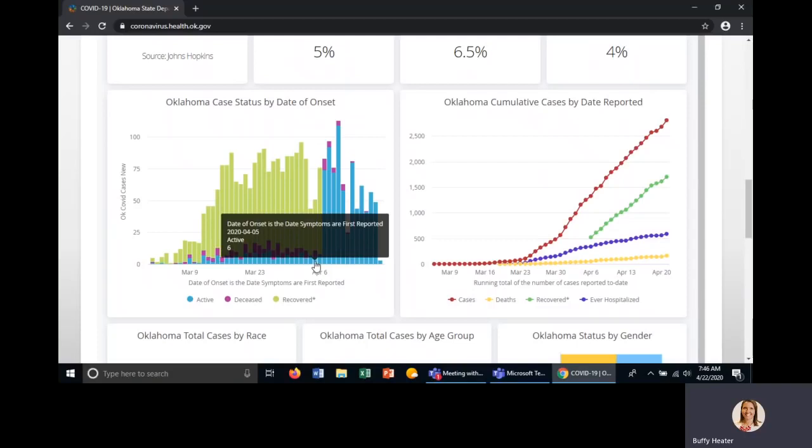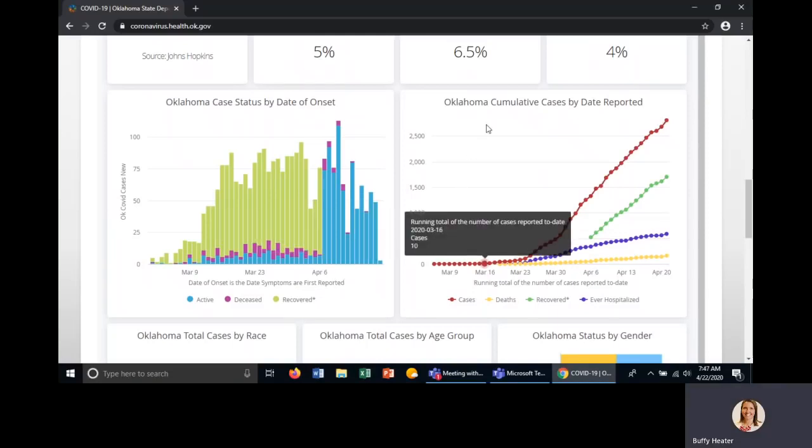This graph indicates how many of those remain active, how many of those have died, or how many of those have recovered. Remember that an individual is determined recovered if they've experienced 14 days past their onset of symptoms and they are not hospitalized and not deceased.